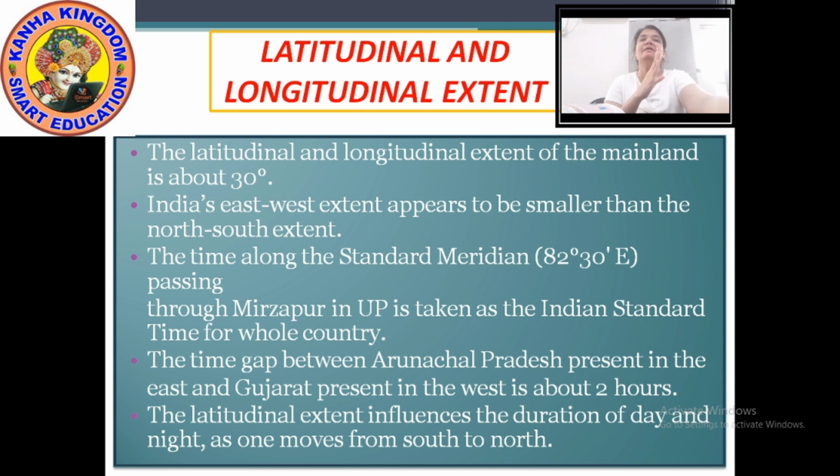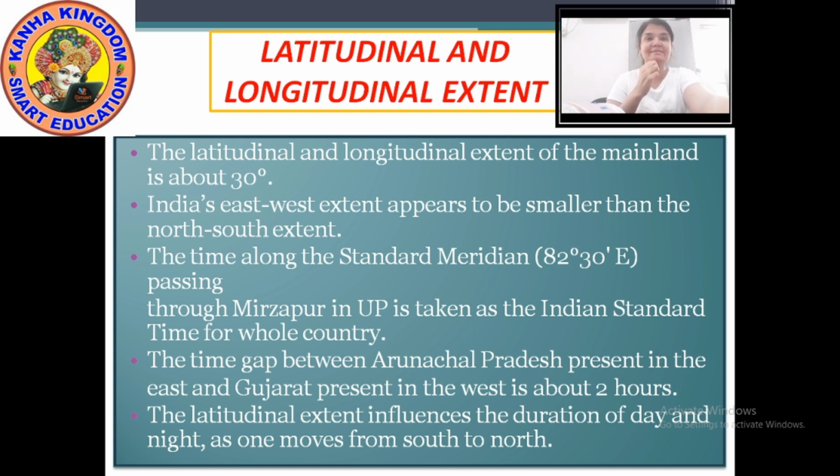The time along the standard meridian passing through Mirzapur is taken as the Indian Standard Time for the whole country. Now where is the standard meridian located? The standard meridian is on 82 degrees 30 minutes east.